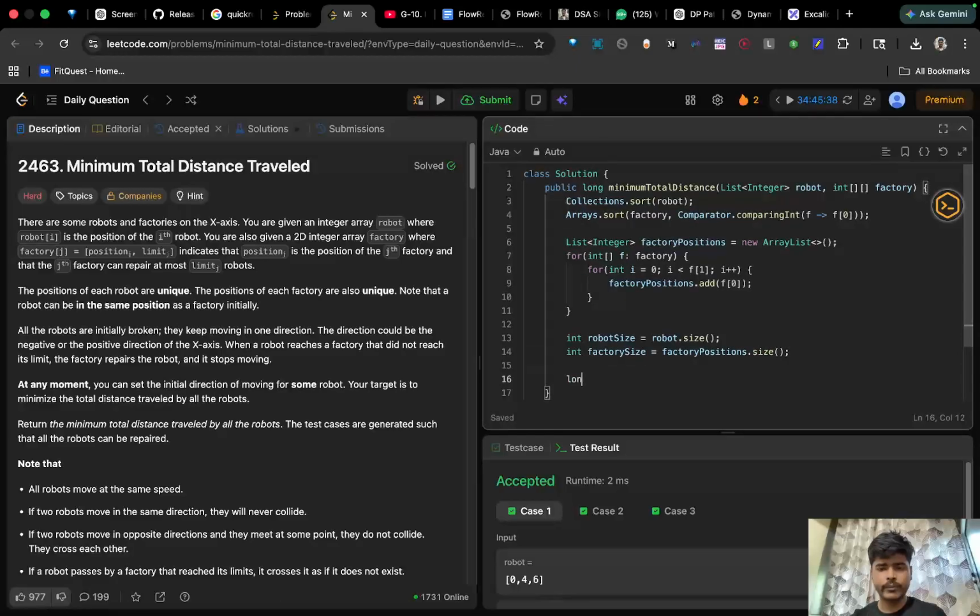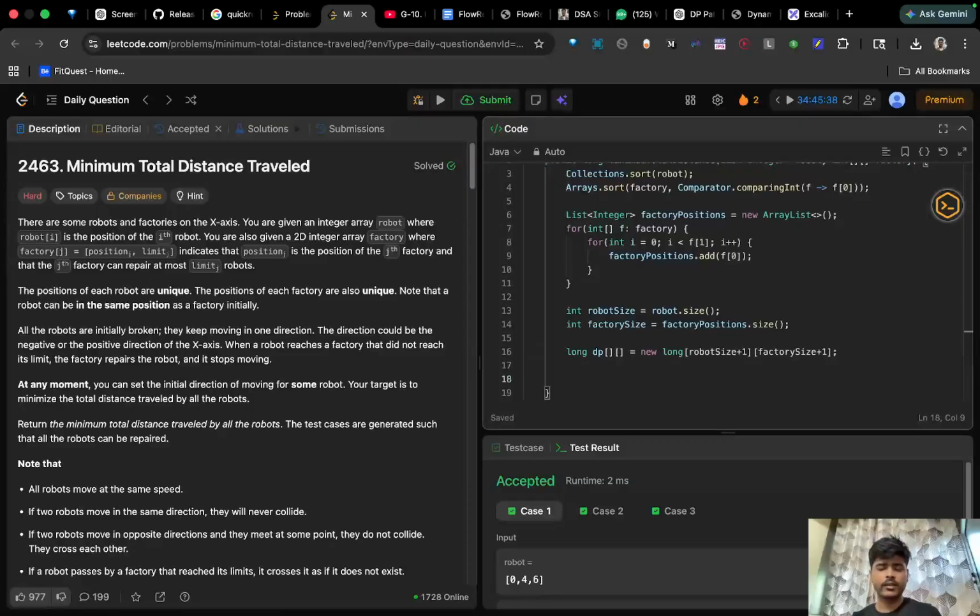Now I will build my dp array, long dp equal new long, of one extra size here, robotSize plus 1, with one extra row and one extra column, factorySize plus 1.